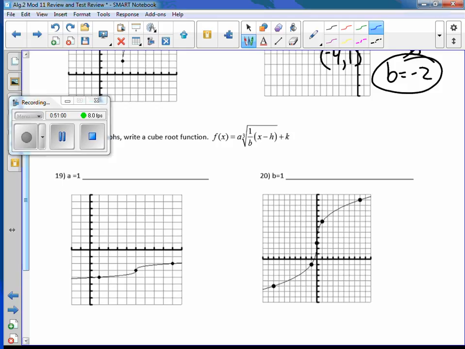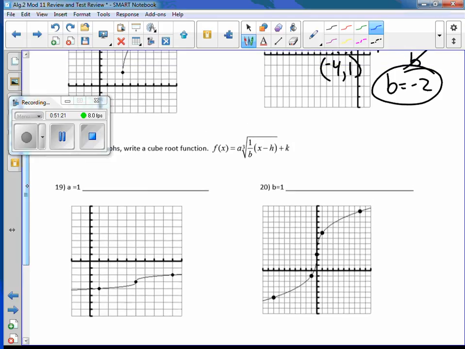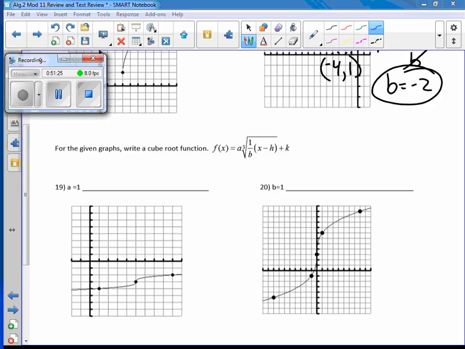The reason I say that is because I want to do both 19 and 20, but it doesn't help you if you're just sitting there copying what I'm doing. That doesn't help you learn. I'm just going to be honest with you, okay? So try doing it on your own first, and then if you want to check your answers, come back to the video and see how it's done, okay? Because both 19 and 20 work just a little bit differently, okay?